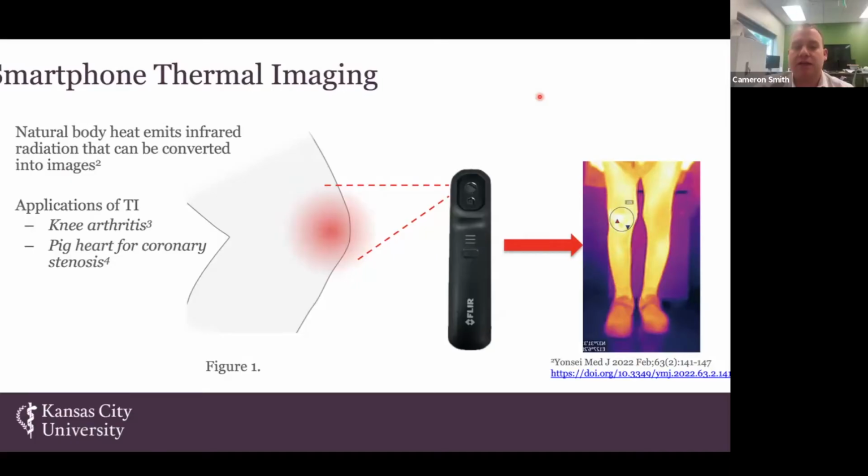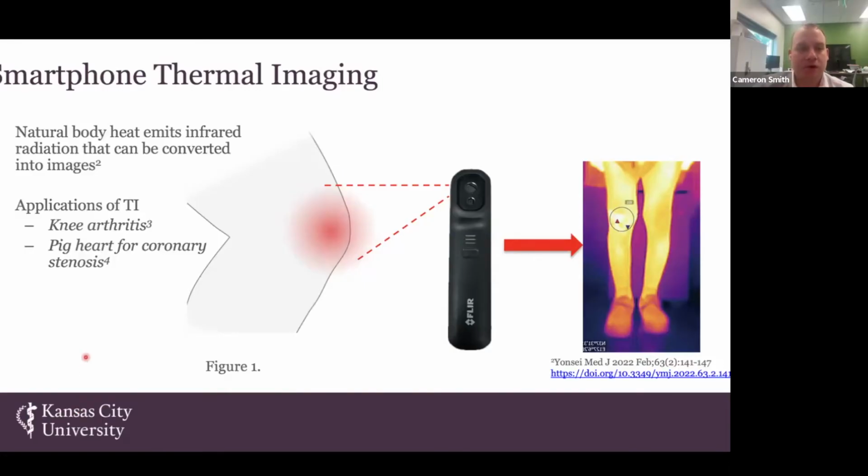And they were deemed successful. You can see one of the images here. This is on the outside of the body, where the majority of the thermal imaging studies have been done. But now, researchers are looking to see what we can see on the inside of the body with thermal imaging.